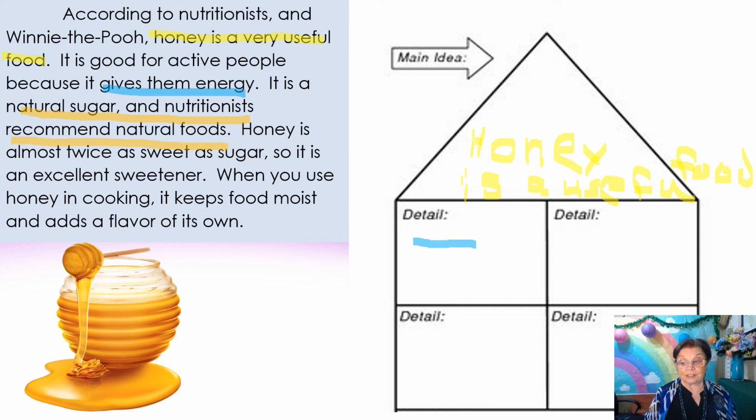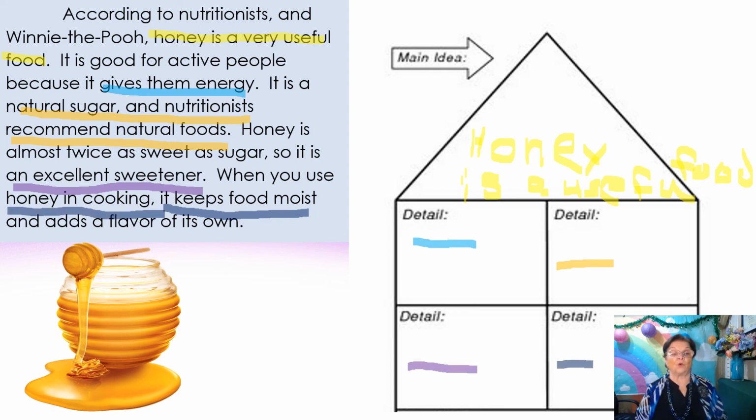That's another reason why it's useful. It is an excellent sweetener because it's twice as sweet as sugar. That's another supporting detail why it's useful. And it keeps food moist when you cook with it. When you use honey in cooking, it keeps food moist.